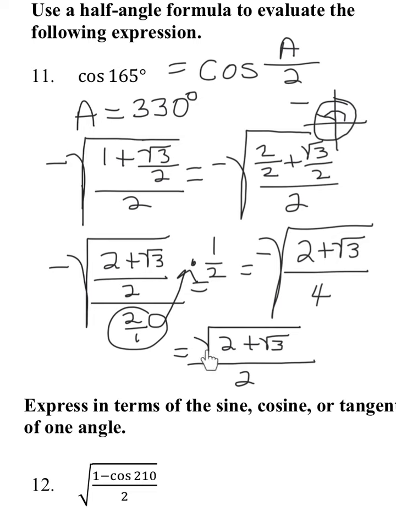So I don't need my radical to extend all the way down here. But it is up here, so I have to keep it. So I actually have a root inside of a root, and that's okay. And then I'm just going to put a box around that and say final answer.